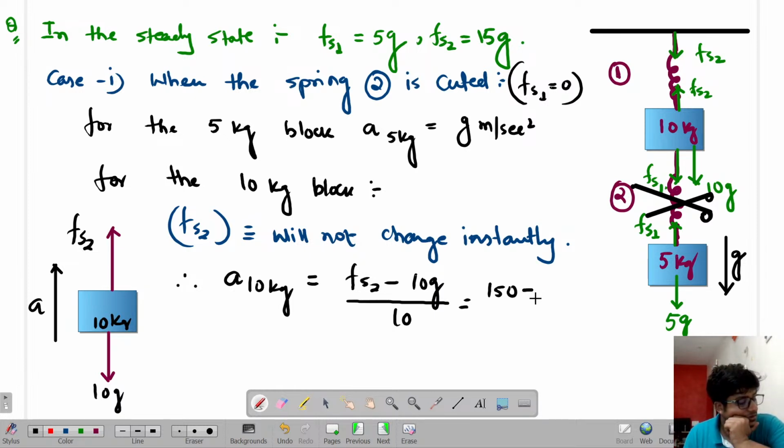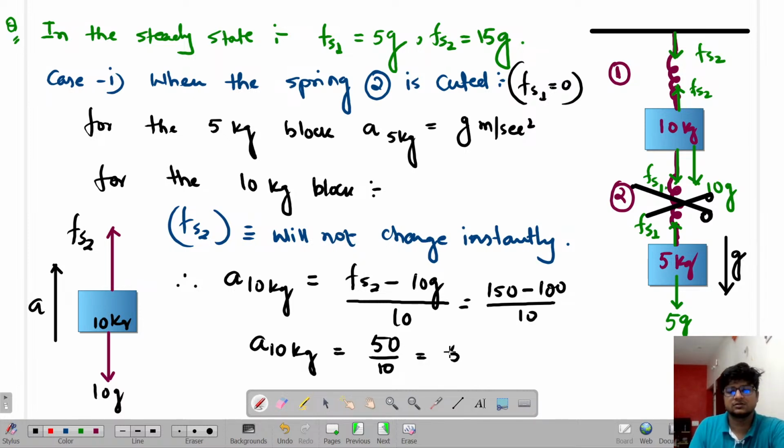Spring force 1 will become 0 when you cut the spring, it will disappear. But what will not change is Fs2. Is that clear? So 150 minus 100 divided by 10. So acceleration of this 10 kg is 50 by 10, which is 5 meter per second square, and that is in which direction? Upward direction. Is that clear or not?